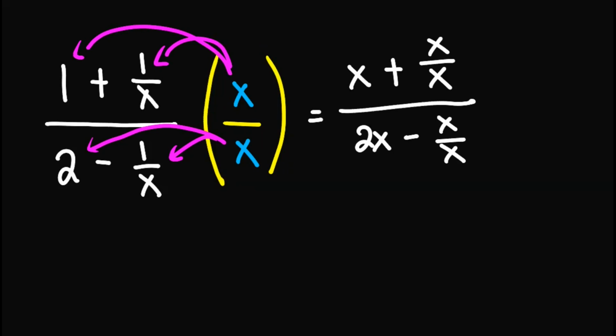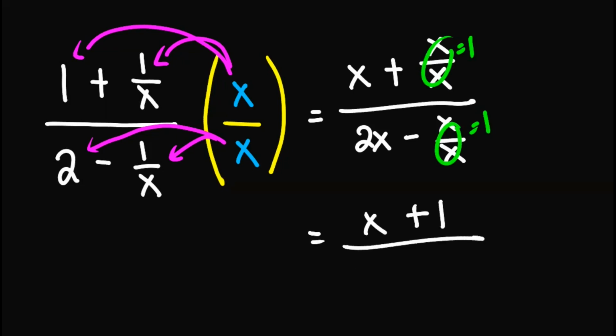X over x is simply equal to 1. So we'll have x plus 1 over 2x minus 1. That is the answer, since these are already linear factors, so we can't really cancel anything from the numerator and the denominator, and we have simplified the complex rational expression.